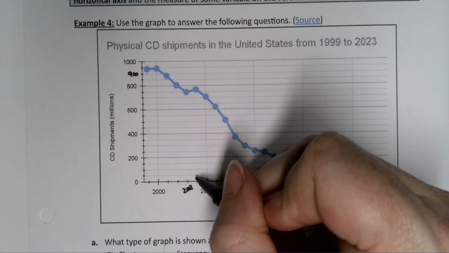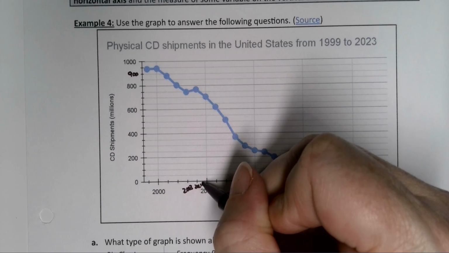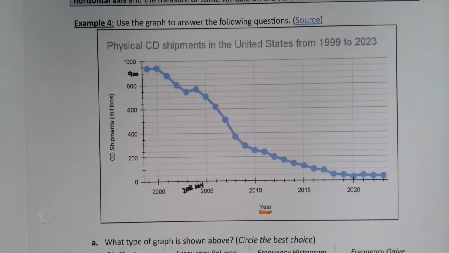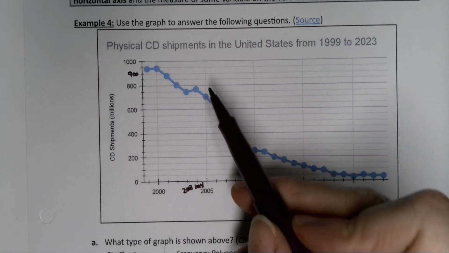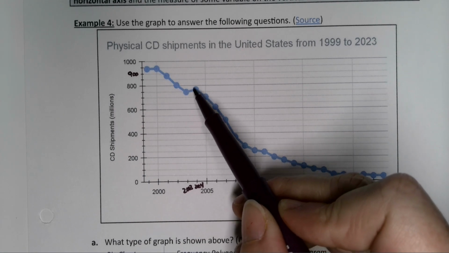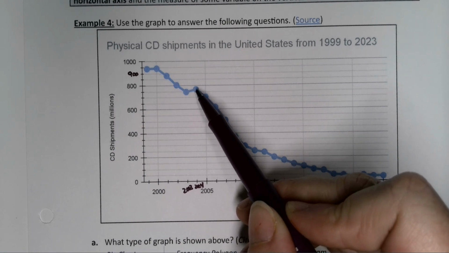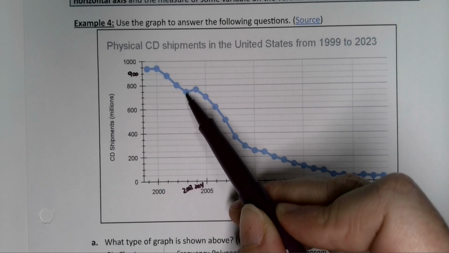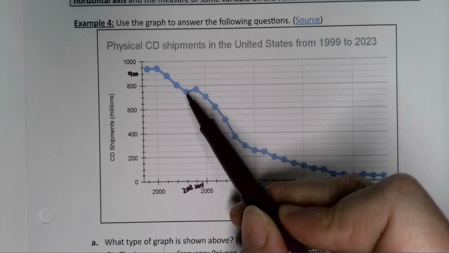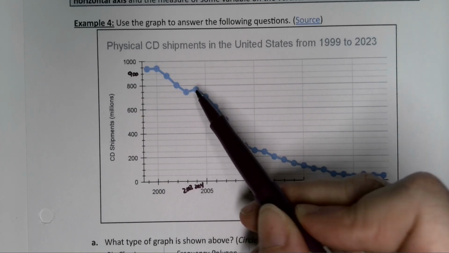So 2003 to 2004 had a climb. So really the climb took place during that. So we would say the climb was during 2004, right? Because here was the sales in 2003 and the 2004 was higher.